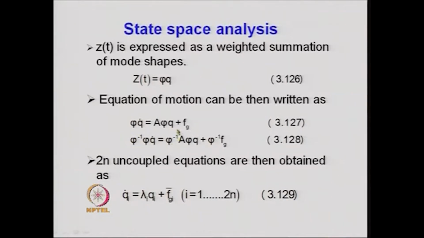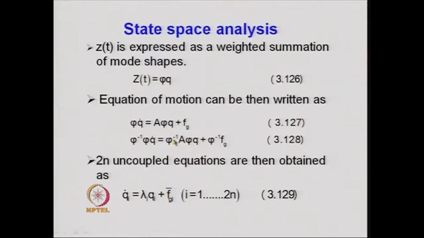So, on this side also we pre-multiply by phi inverse, and this load vector also is multiplied by phi inverse. Since phi inverse phi will provide us a diagonal unit matrix, that unit matrix multiplied by q dot becomes a diagonal matrix consisting of only q dot i, and phi inverse A phi again becomes decoupled, because that is the property of the eigenvalue.